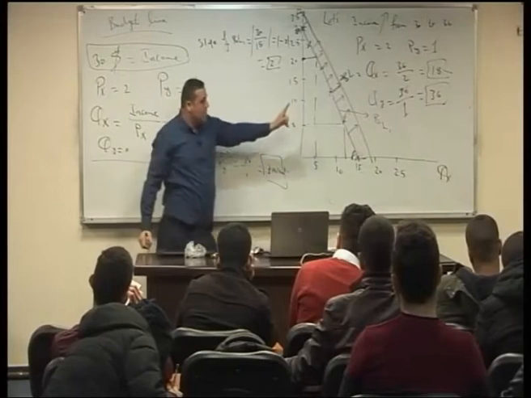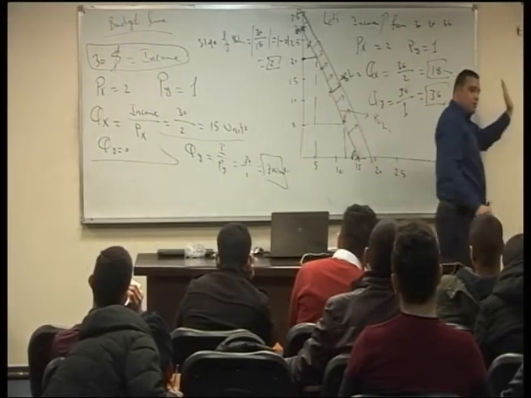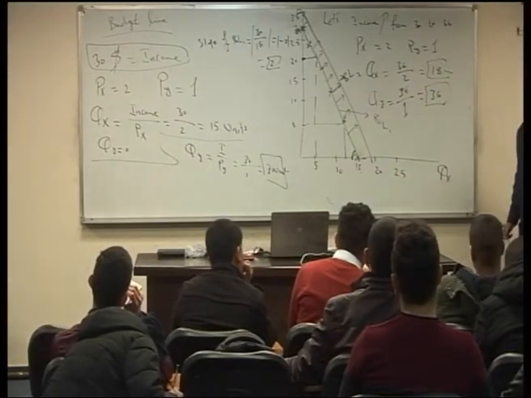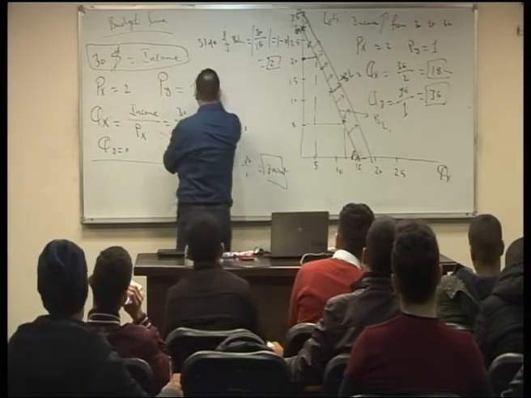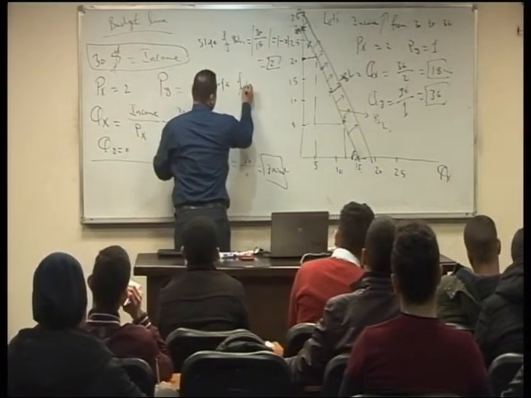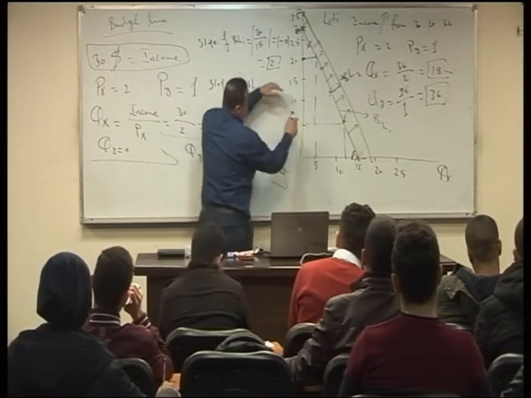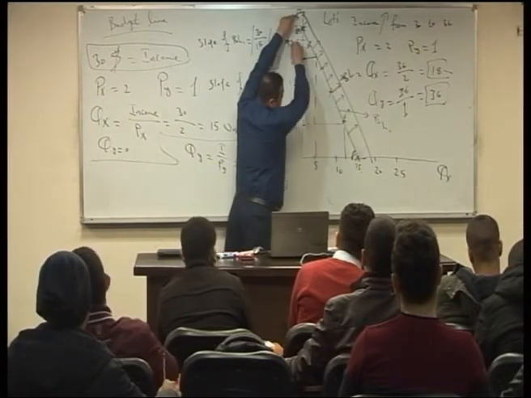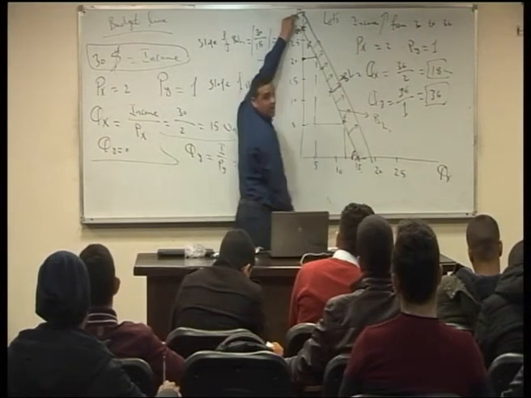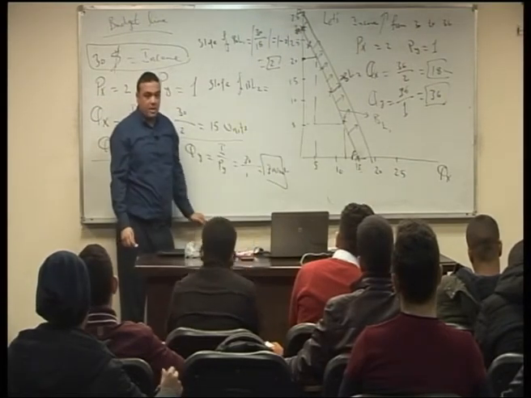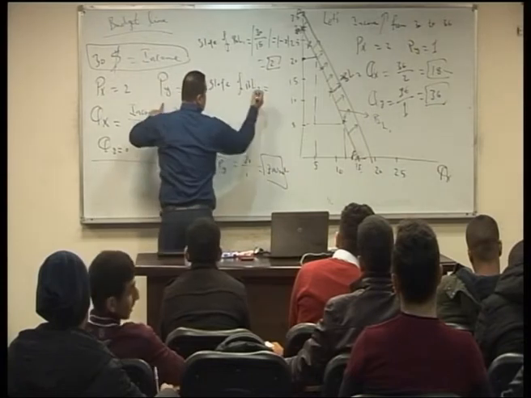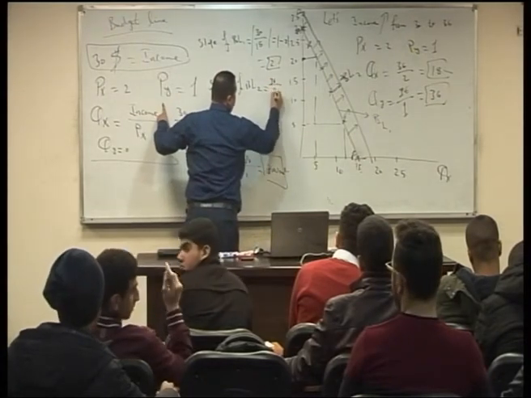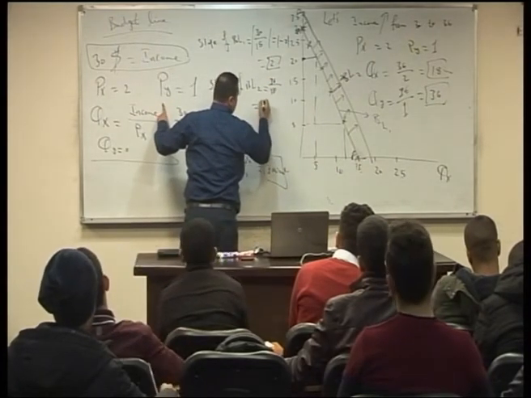What about the slope of budget line 2? The same. The slope of budget line 2 equals 36 over 18, which equals 2 as well.